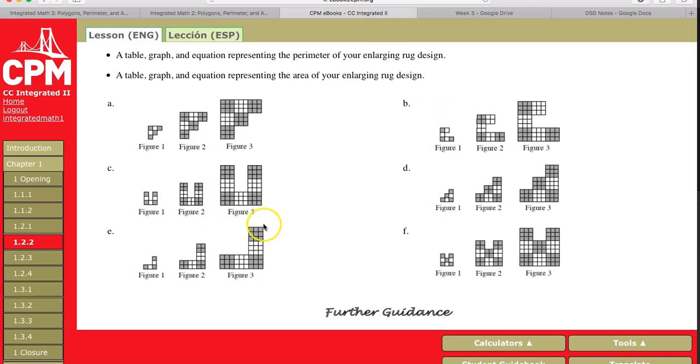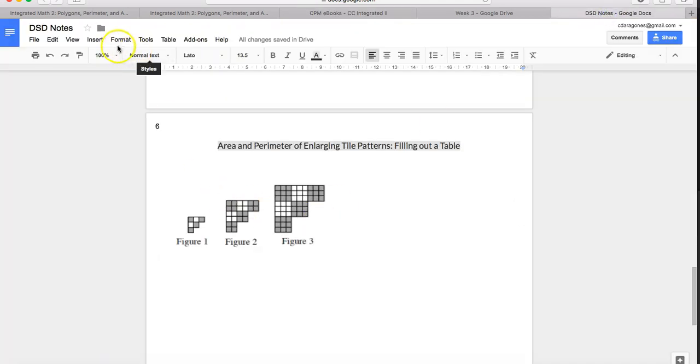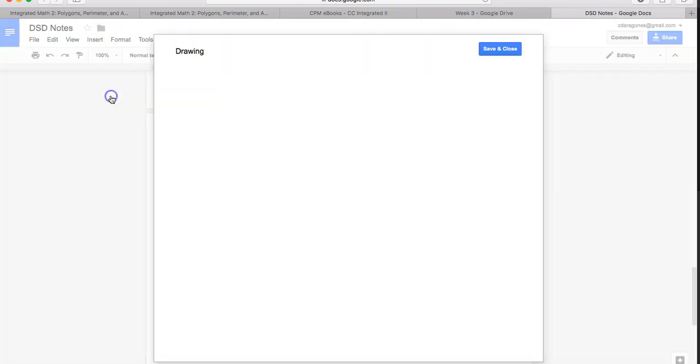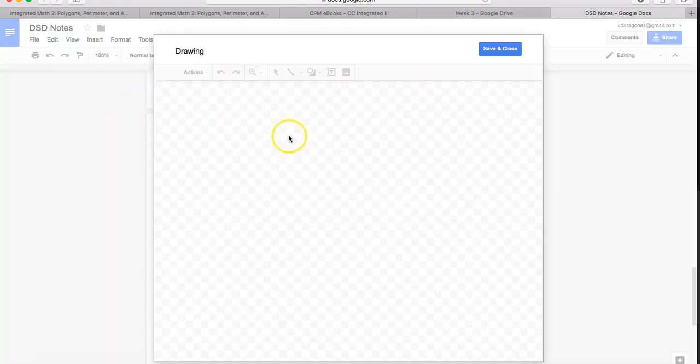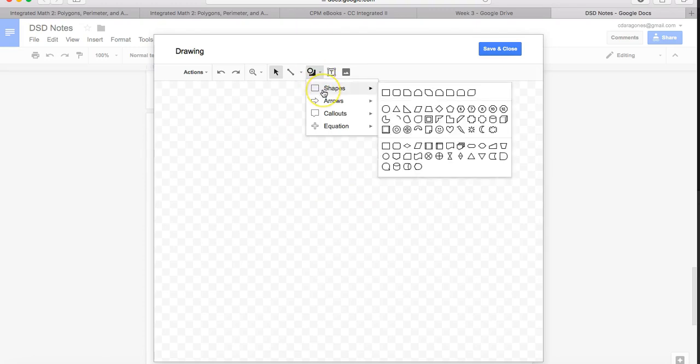Whichever one of these you chose, as you can see, each design has a pattern happening with the tile pattern. So see if you can draw the 4th and the 5th figure of your design. Just a quick example: I know that my figure looks kind of like this.